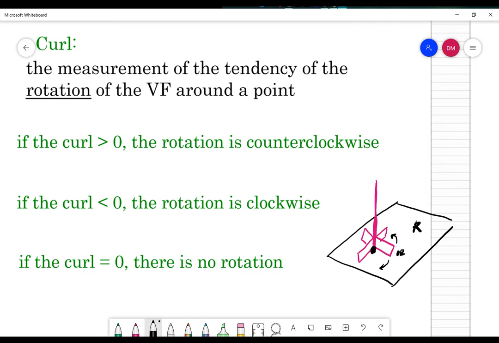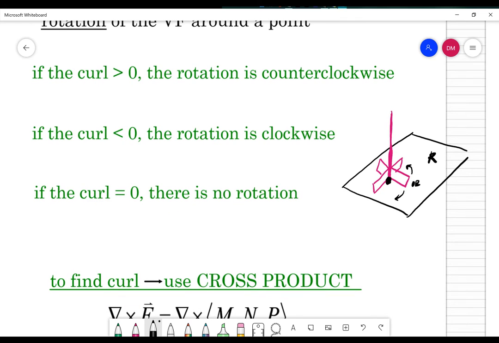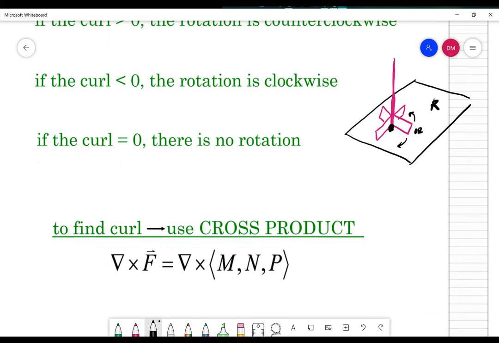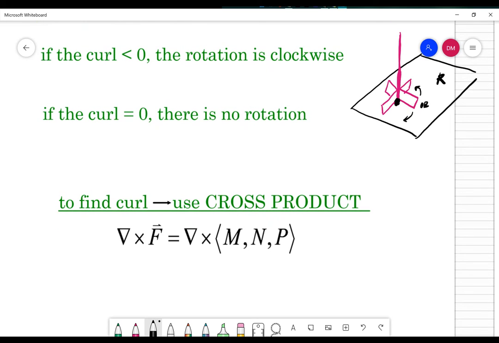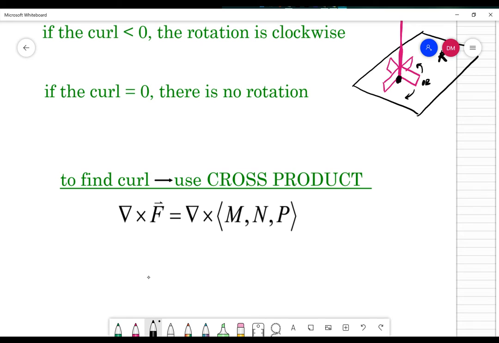Okay. And that's curl. So since we used dot product to find divergence, you could probably guess that to find curl, we are going to use the cross product. And again, that's the underlying idea. But like the last one, we are using another one of these mathematical operators. And this one, if you use a little inference, is called del cross.